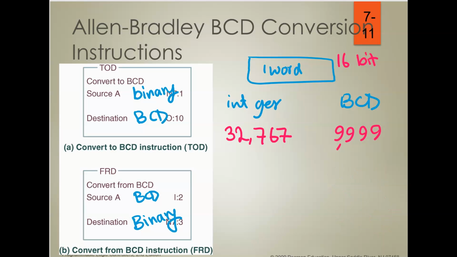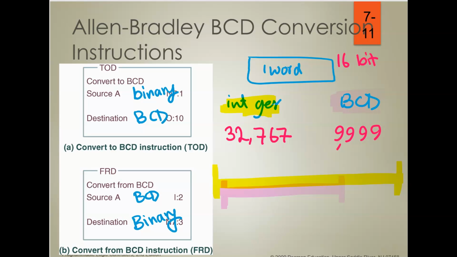The problem that can happen is related to the difference between the ranges. The first one, the integer number, has a longer range. Let's assume that this is the range that you can cover with your integer number, and this is the range that you can cover with your binary coded decimal number.